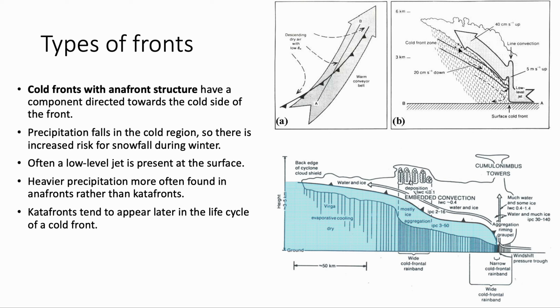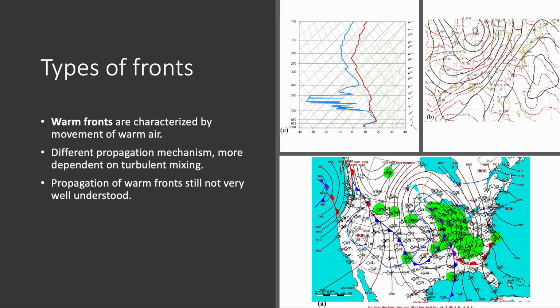And so during the winter, these might be accompanied by significant snowfall. And also, because the rain falls here and rain evaporates, this is going to cause a descending motion over here. So sometimes these are accompanied by a low-level jet and the surface that is pushing down. Okay, and these tend to appear later in the life cycle of fronts.